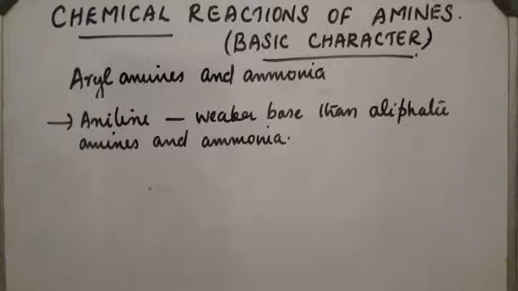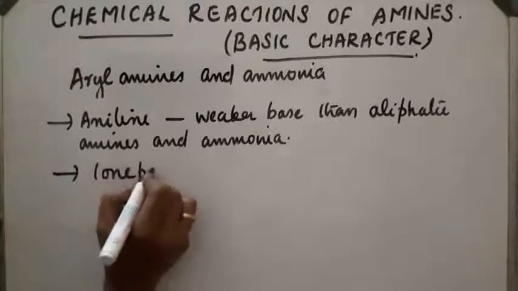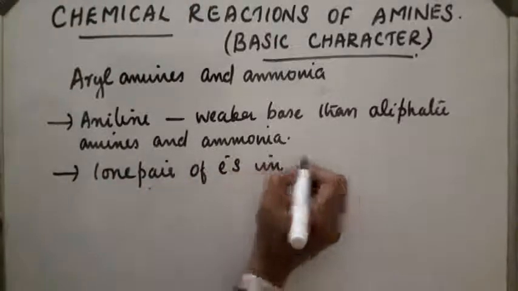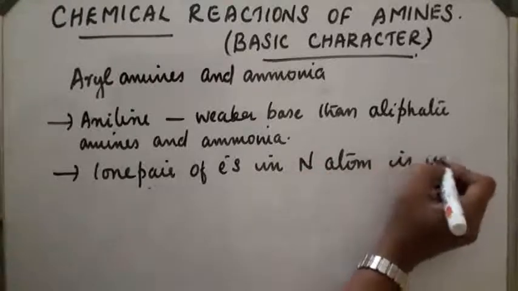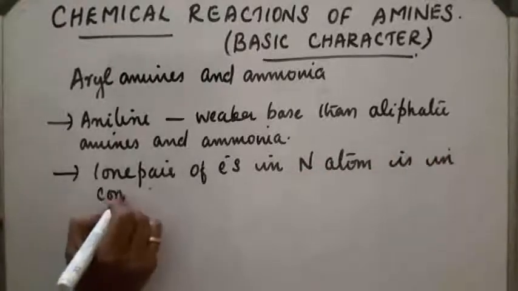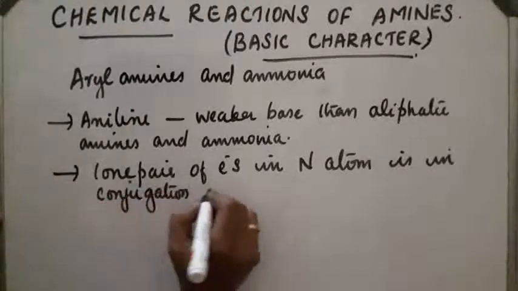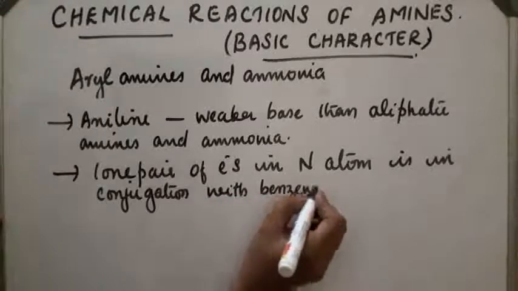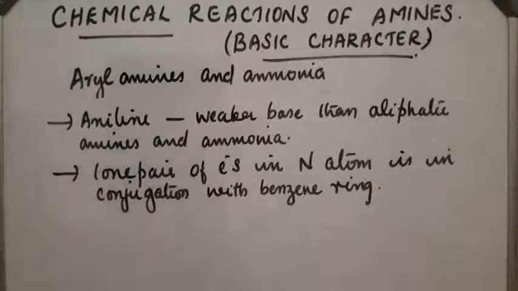Here the lone pair of electrons on the nitrogen atom is in conjugation with the benzene ring. So these electrons are not available for protonation, so they are less basic.